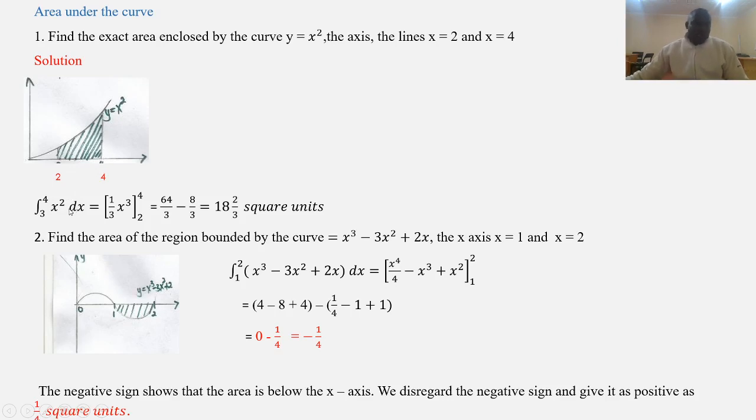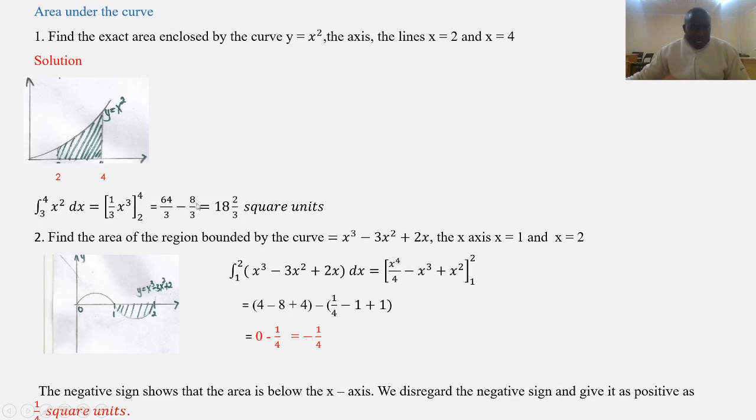If I integrate this, it will be x to the power 3 over 3, so a third x cubed, with limits 4 and 2. We substitute 4 here, it will be 64 over 3, because 4 cubed is 64. Then we minus the lower limit, 2 cubed, which is 8 over 3.